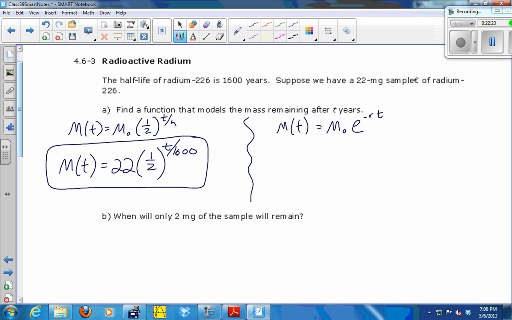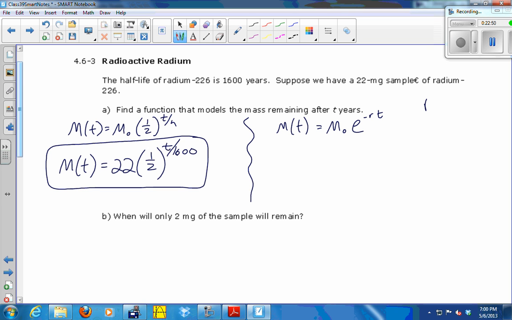If I wanted to, I could do the other one. Maybe the homework asks you to put it in this form. They're equivalent. So if I wanted to use this one, I would have to convert. They gave me half-life. I need to know R. If I want to use this formula, I would need to figure out what R is.